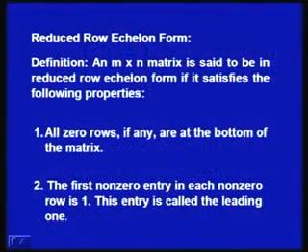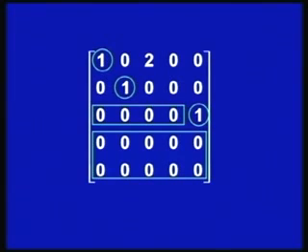The second property is that the first non-zero entry in each non-zero row is 1, and this entry is called the leading one. For example, I have this matrix consisting of 5 rows and 5 columns. There are 2 zero rows, the 4th row and 5th row, and they are at the bottom of the matrix. So this might be a candidate for row reduced form, according to the first property.